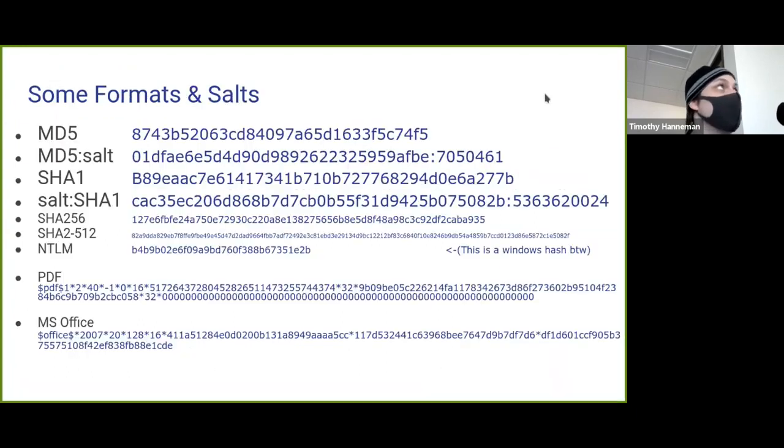Here are some examples of what a hash looks like, and these came straight from the Hashcat website. You've got MD5, you've got MD5 with salt. The salt could be added before or after the actual password hash. This part here with the colon and then the number indicates the value of the salt, and this is the value of the actual hash.